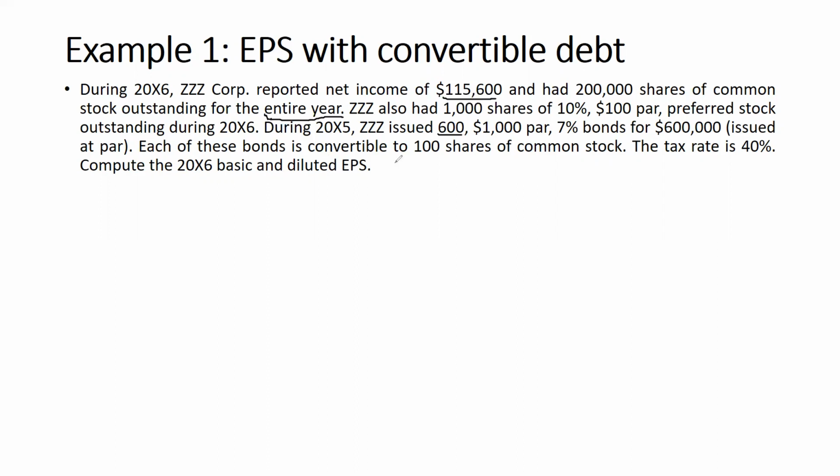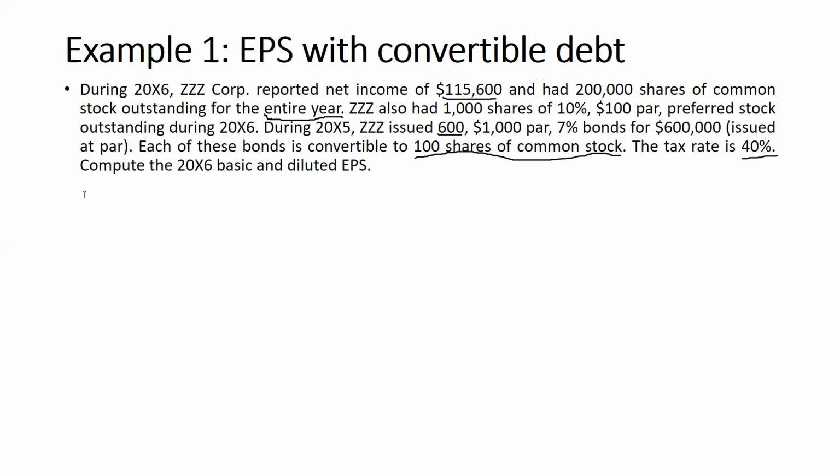Each of these bonds is convertible to 100 shares of common stock. And apart from that, there is information related to the tax. The tax rate is 40%. So they ask us to compute the basic and diluted EPS.